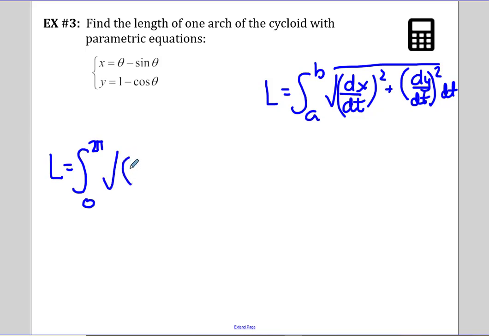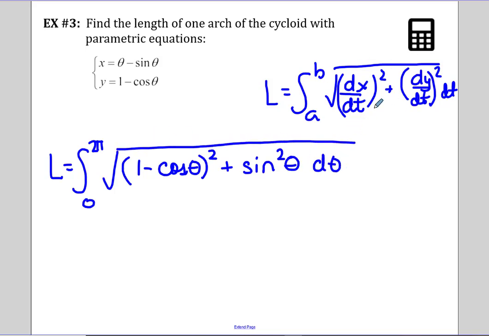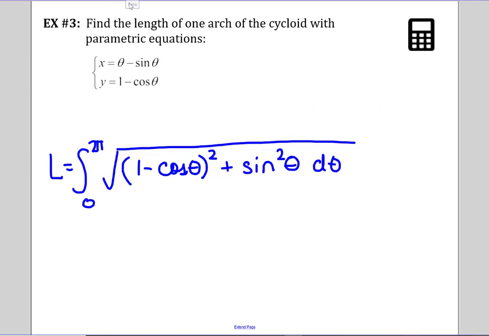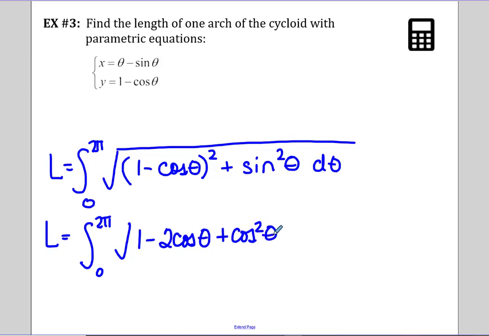We've got dx dt is going to be 1 minus cosine theta squared. And this is going to be positive sine squared theta d theta, using this formula here. And then cleaning that up, we've got 0 to 2 pi, and expanding this out would give us 1 minus 2 cosine theta plus cosine squared theta plus sine squared theta.